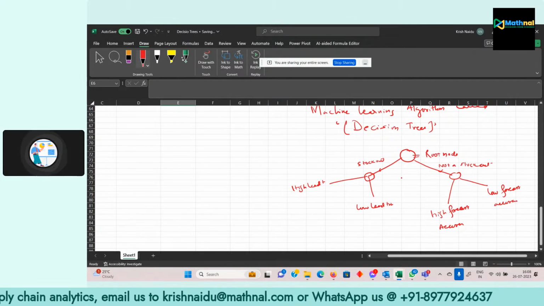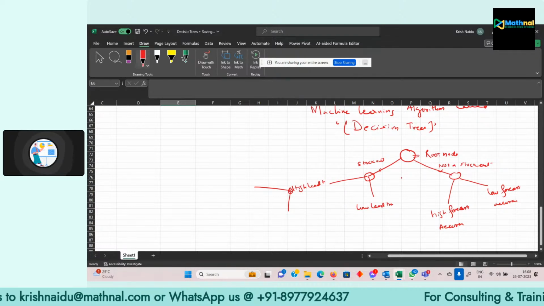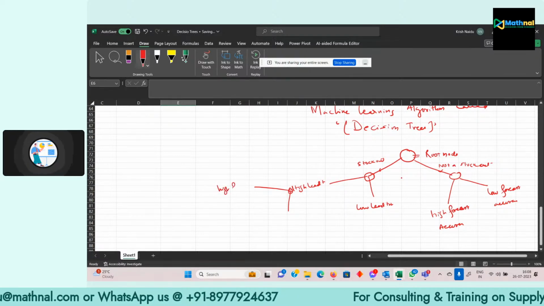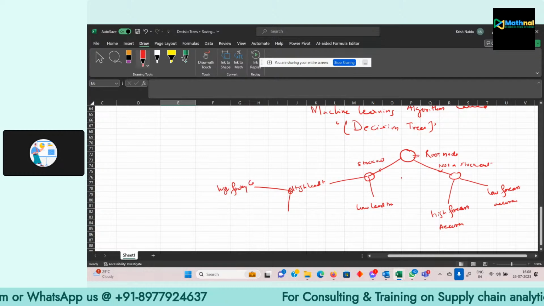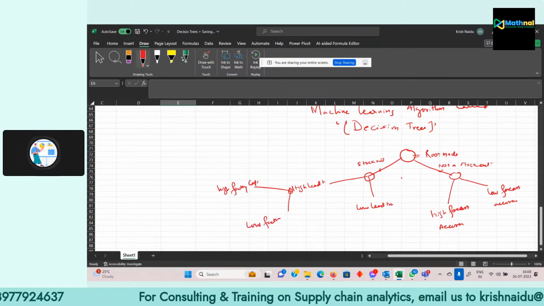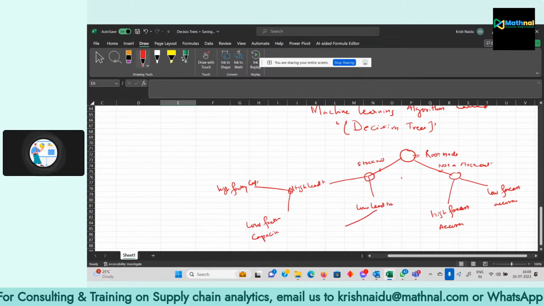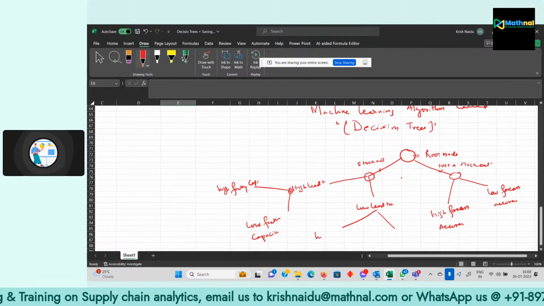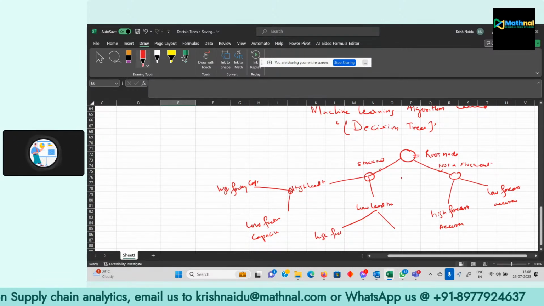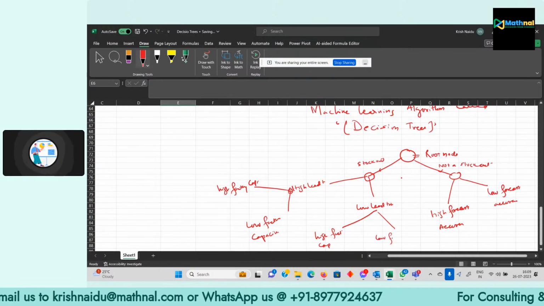If it is lead time, again we have a node here. If it is a high lead time, is it because of high factory capacity or low factory capacity? If it is low lead time, is it because of high factory capacity or low factory capacity?